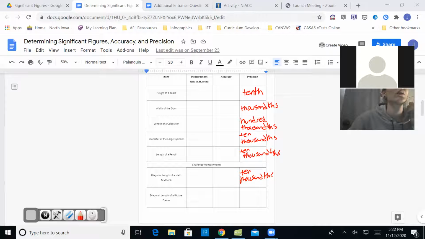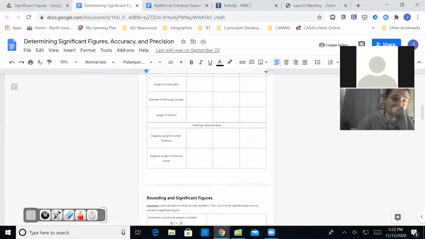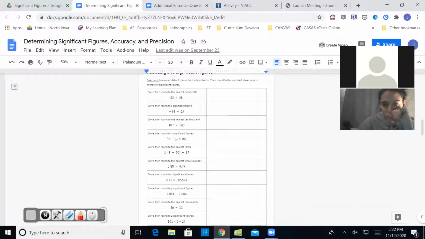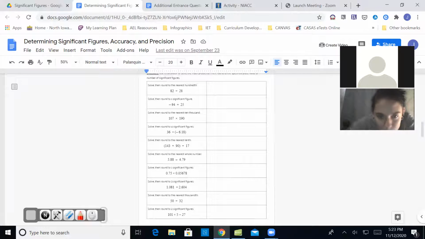The next thing I have you do is work with significant figures and rounding. And I'm anticipating there to be questions about whether zeros are significant or not.